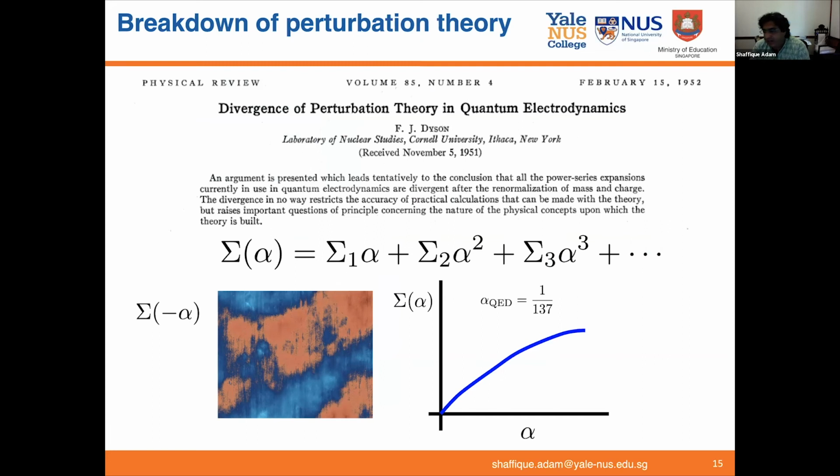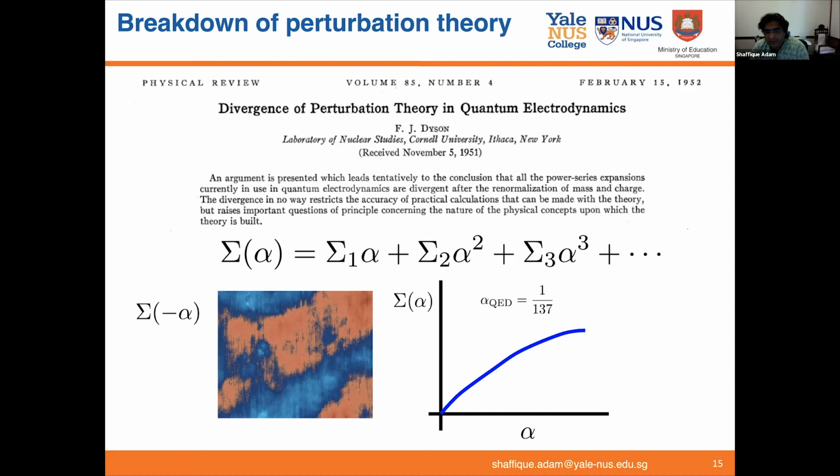Our system, Dirac fermions in 2 dimensions, is exactly the same as QED, except our coupling constant is much stronger. It's 2 instead of 1/137. The argument goes like this: write down a perturbative expansion for your self-energy, or any quantity you're calculating, in terms of the coupling constant, alpha.